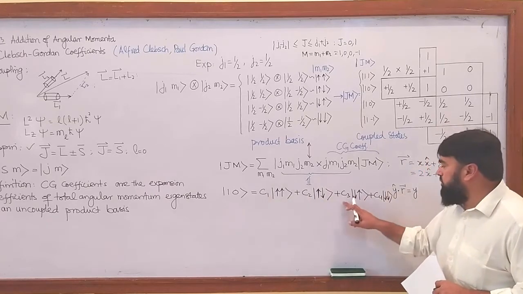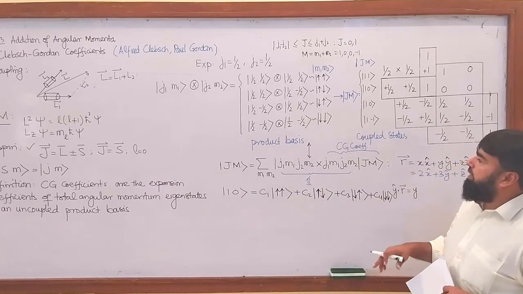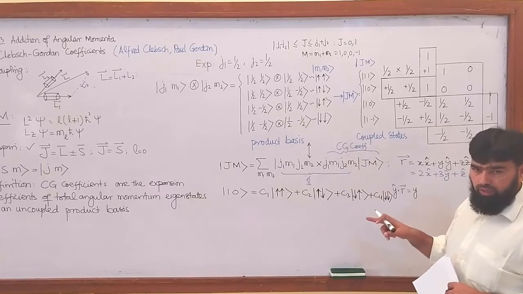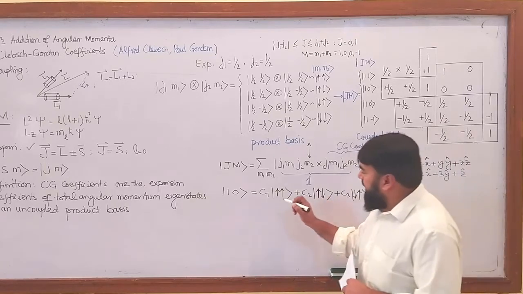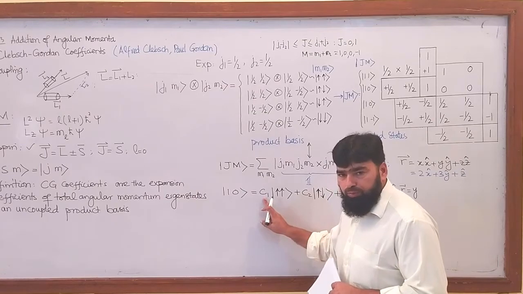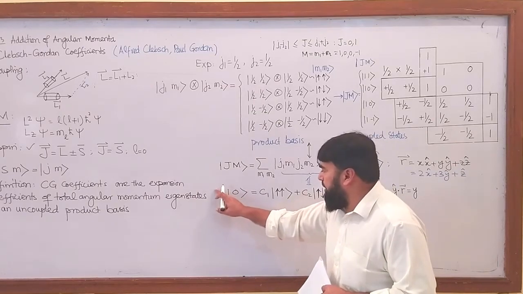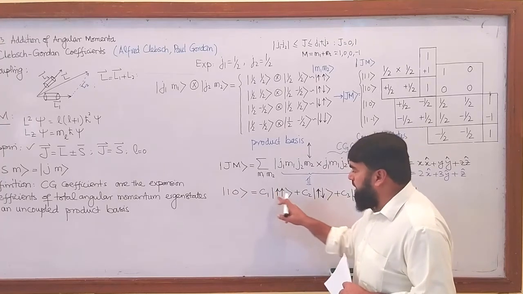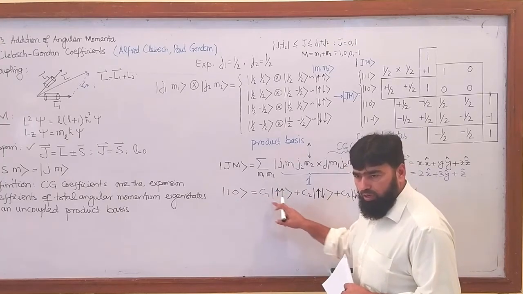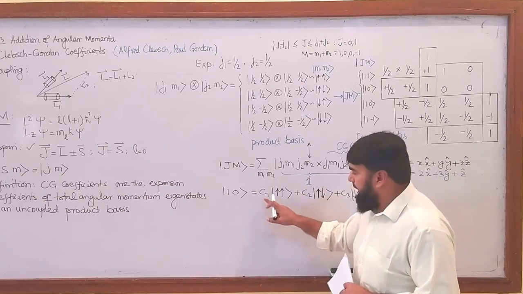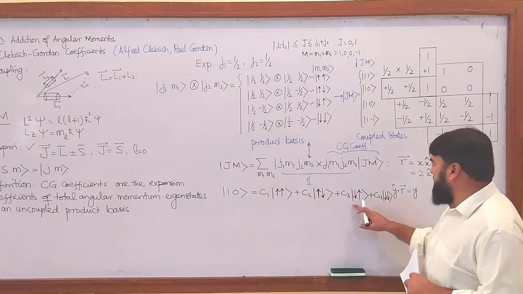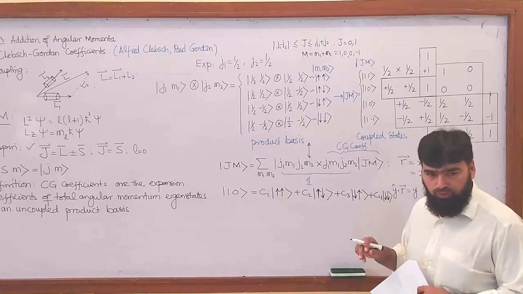These C1, C2, C3 and C4 are called the Clebsch-Gordan coefficients. Now how to find them? If I want to find C1, I will apply up up to this one. Then the up with the up, the inner product of this will give you 1 and I will get C1, while C2, C3, C4 will become 0.